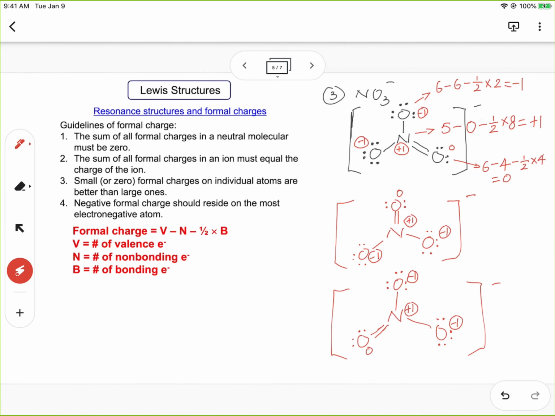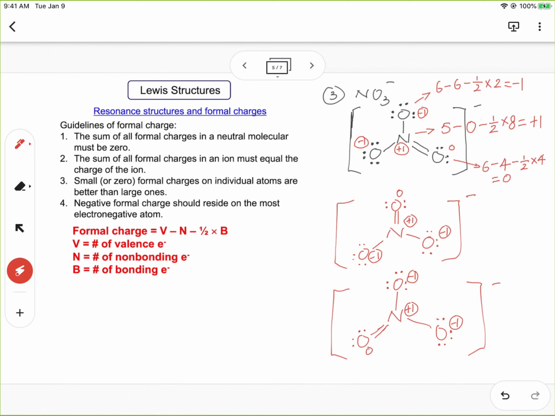All right. Now let's take a look at rule number 2 again. The sum of the formal charge for an ion should be equal to its charge. If you have -1, -1, +1, 0, if you add those four numbers together, the sum would be -1 and that matches with the -1 charge of this ion.